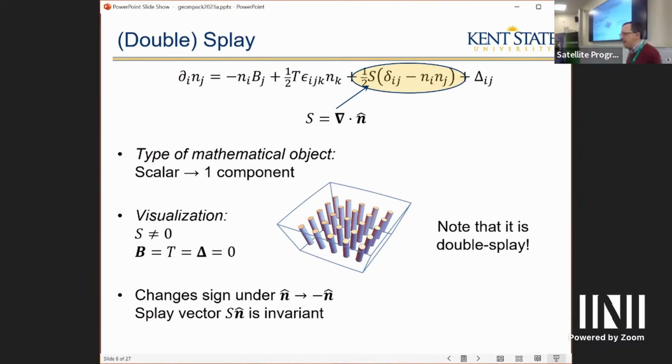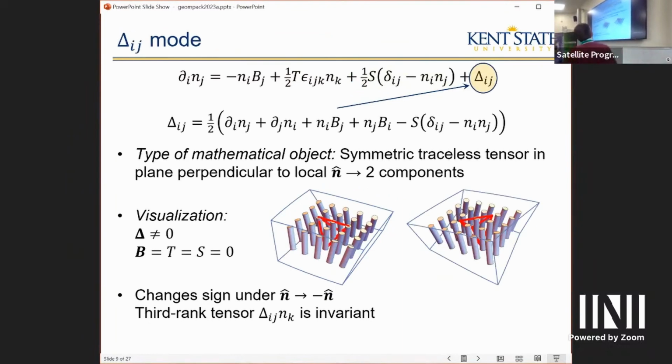That's 4 out of 6. The remaining two components are this extra mode, which is called delta. Okay, and this is a mode which has not been considered much in the history of liquid crystal science, but it is for sure there.